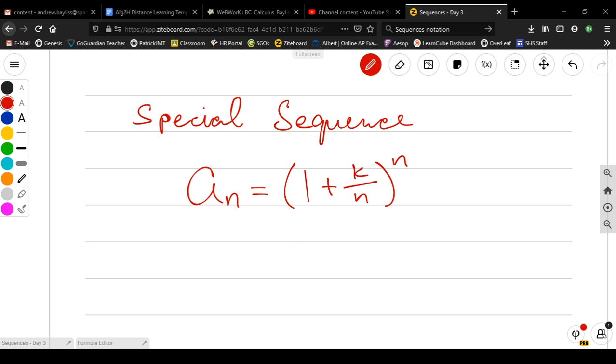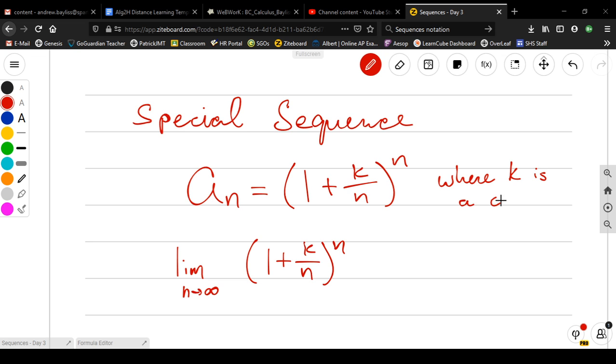We did this with functions, and the reason this is an important sequence that we already recognize is that the limit as n goes to infinity of 1 plus k over n to the nth power, where k is a constant, we know this limit is just going to be e to the k.